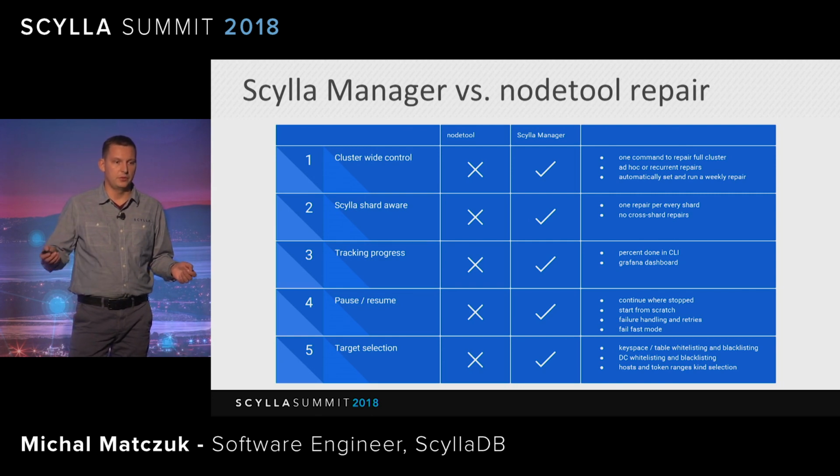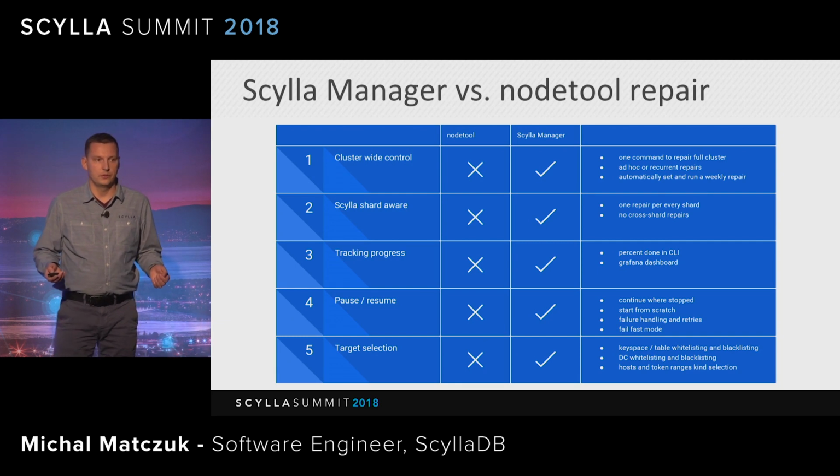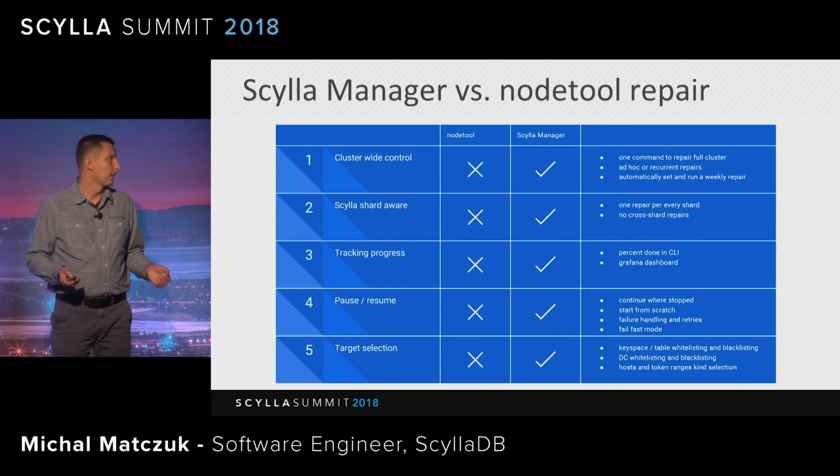So you don't have to go to each and every node. You can also monitor progress of your jobs using a Grafana dashboard or sctool CLI. And you can also pause and resume repairs, so you don't have to start from scratch.